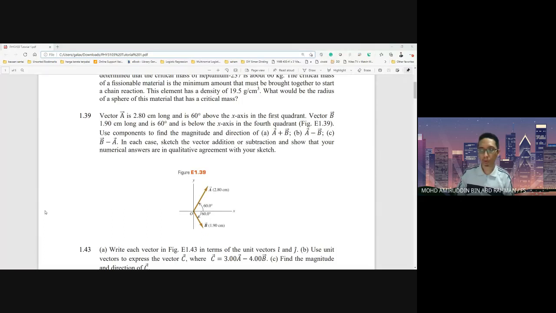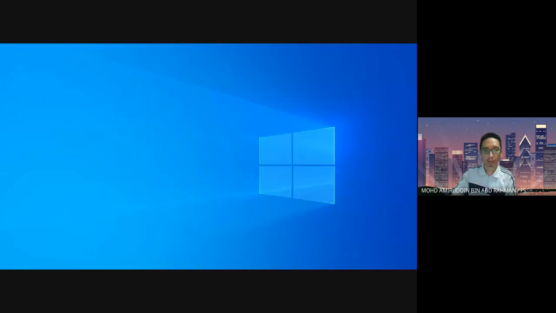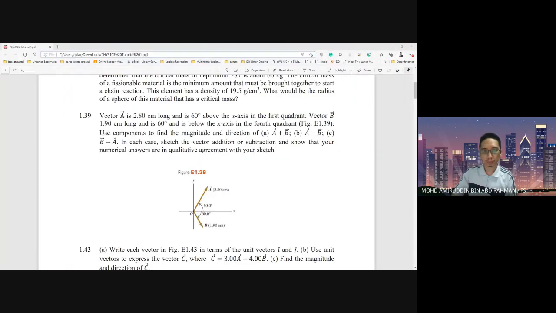So actually you can know what is your AX and also AY, and also what is your BX and BY. So you can use that information to help you solve the question. So that's the way you should solve that. Okay, let me draw that.